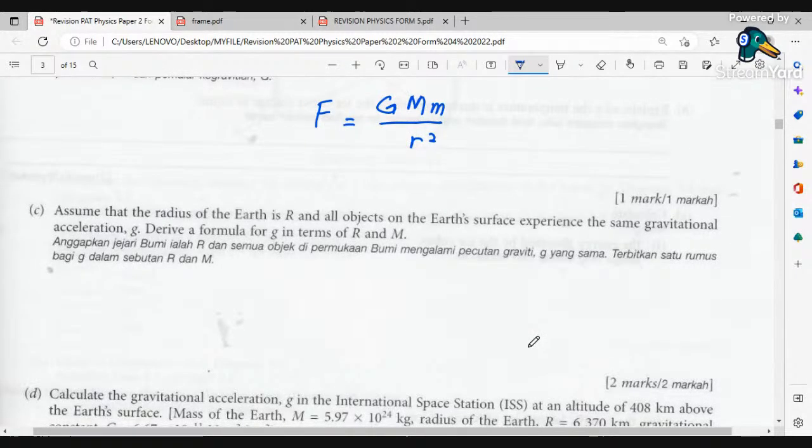C, assume the radius of Earth is R and all objects on Earth's surface experience the same gravitational acceleration. Derive a formula for g in terms of R and M. So ada soalan derivation. Gravitational force mg equals GMm divided by r squared.